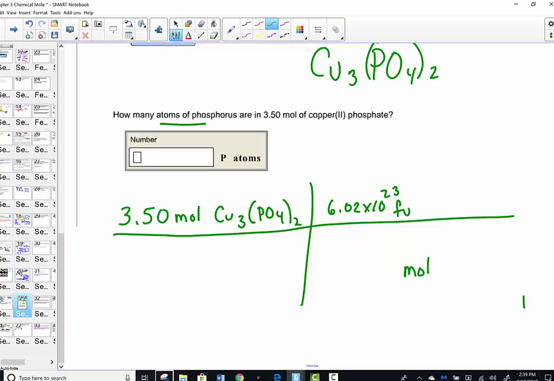The compound is called a formula unit. We know that there's an Avogadro's number of copper 2 phosphate formula units per mole. But I'm not yet done because we wanted to know individual atoms of P, phosphorus. Look inside the formula and how many P's do we count?